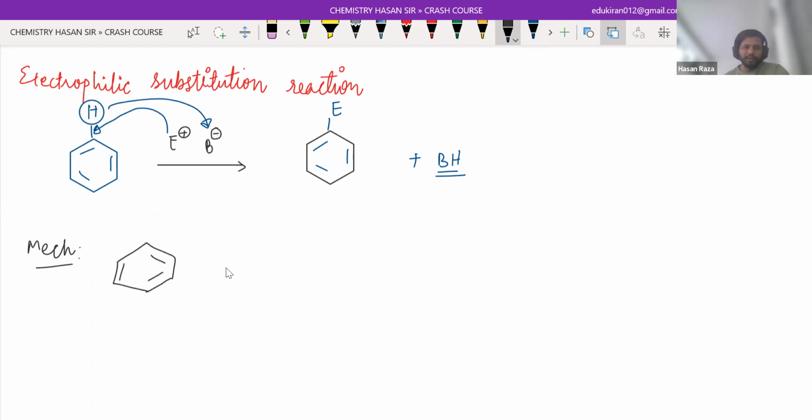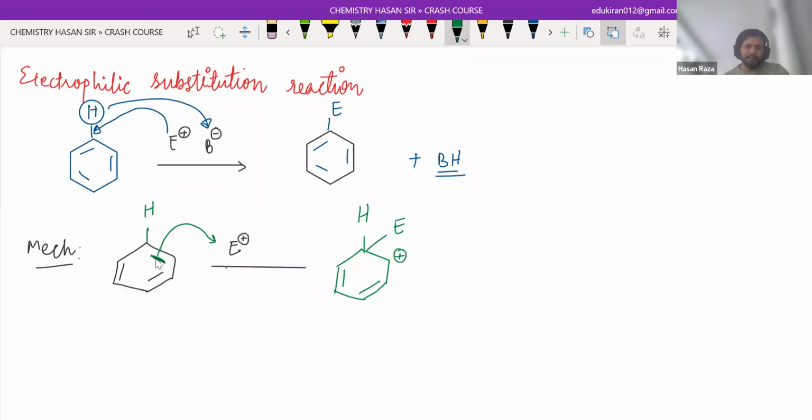If this is your benzene ring, and you have an electrophile, this double bond or alkene will attack here, and this already has hydrogen. This alkene double bond will attack here, so there will be hydrogen as well as this electrophile. This will go there, and there will be a positive charge.